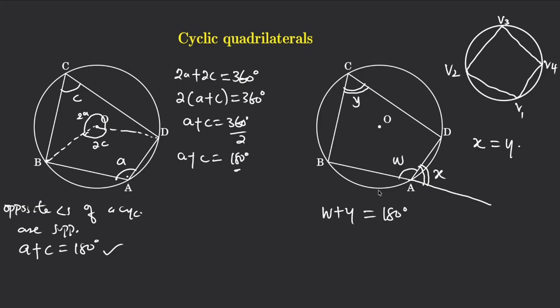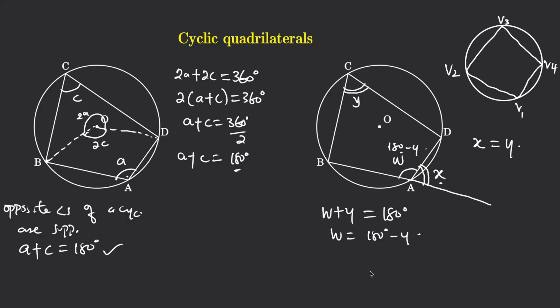So if we make W the subject of the formula, then we have W equals 180 degrees minus Y. Now remember that 180 minus Y and X, which is W and X, are on a straight line, right? And the sum of angles on a straight line is equal to 180 degrees.